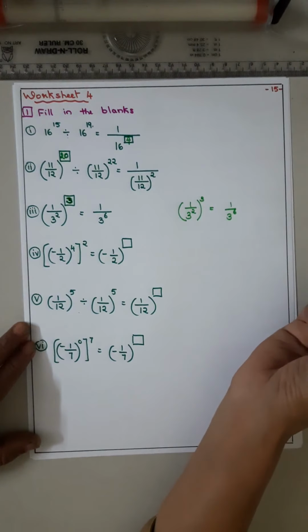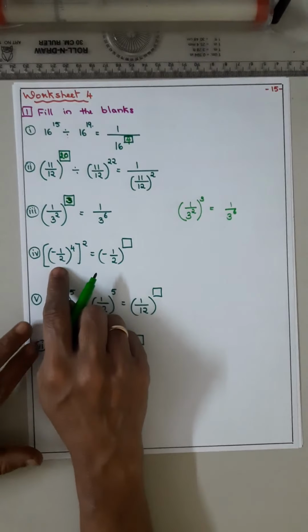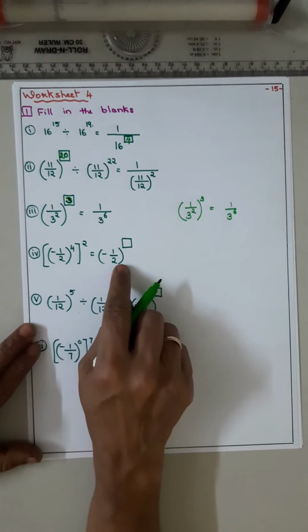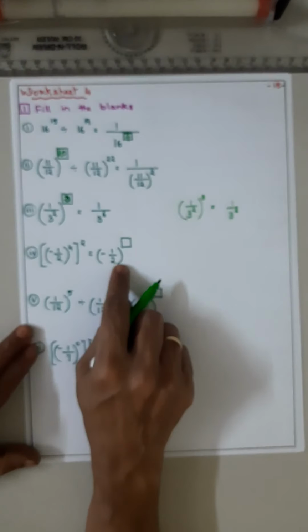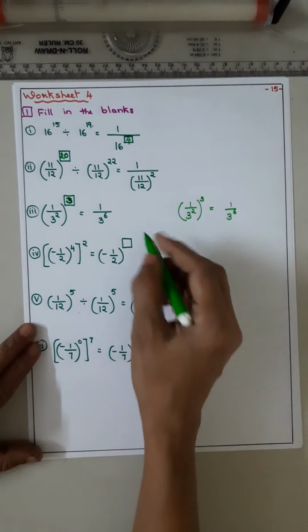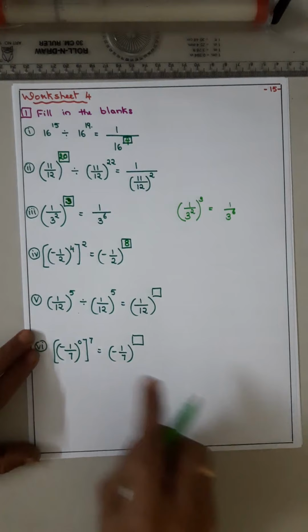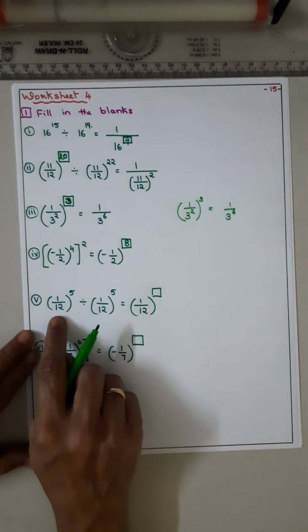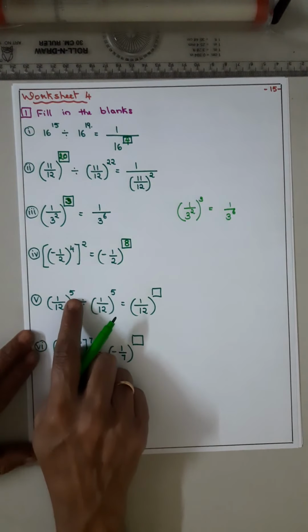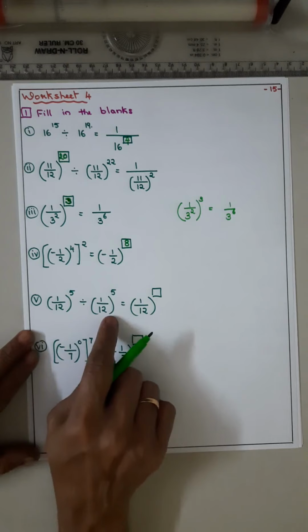Okay. Now coming to the fourth sum. It is -1 by 2, -1 by 2. Bases same. Here there is a bracket, which means 4 2s are how much? 4 2s are 8. Now here 1 by 12 the whole power 5 divide by 1 by 12 the whole power 5. The bases are same.